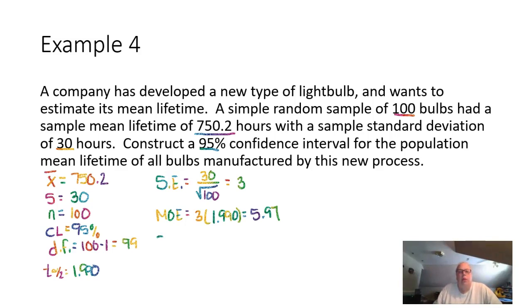All right, we are ready to find our confidence interval. Remember, we want to take our mean here, 750.2, and we're going to add the margin of error. This is going to give me the upper end of my confidence interval. And we will take the mean, 750.2, and we will subtract the margin of error, and this will give me the lower end of my confidence interval.